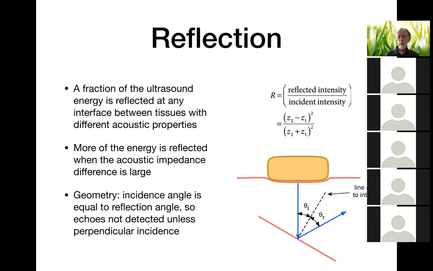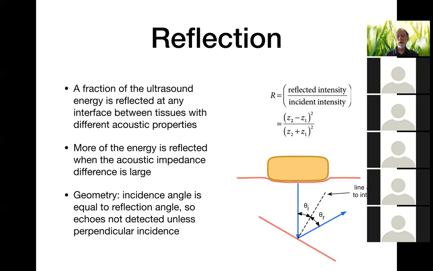Now, if you think for a moment about the implications of this, what we see is that the echo produced by the reflection in this diagram is going to go off somewhere else and not return to the probe. So it won't be detected. It's lost. It's not going to be part of the image.